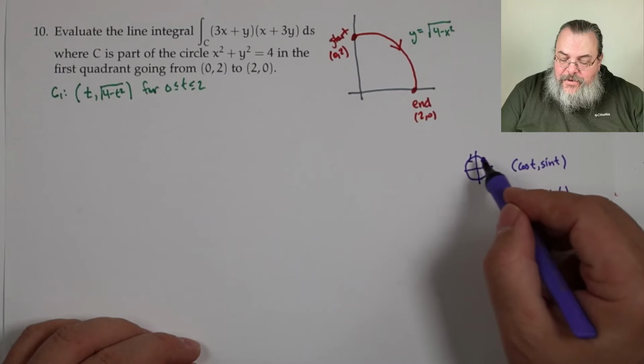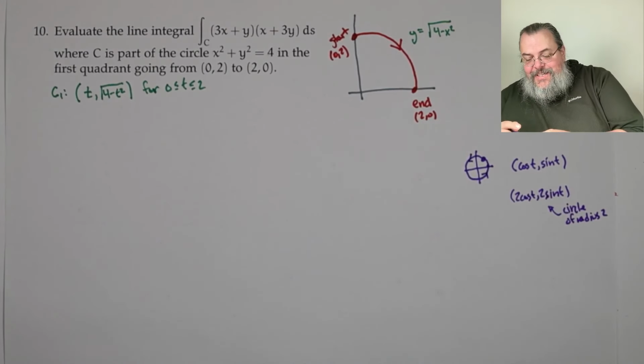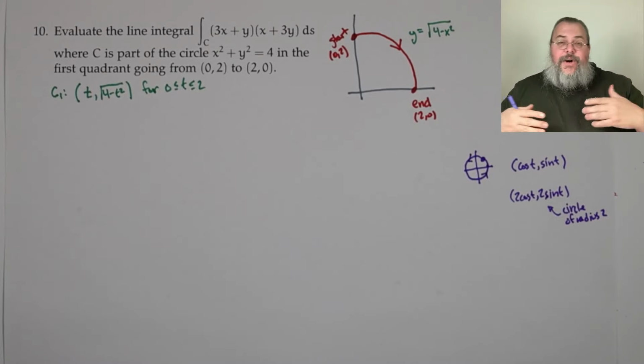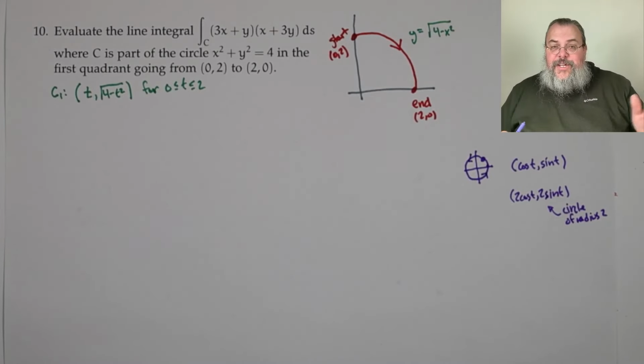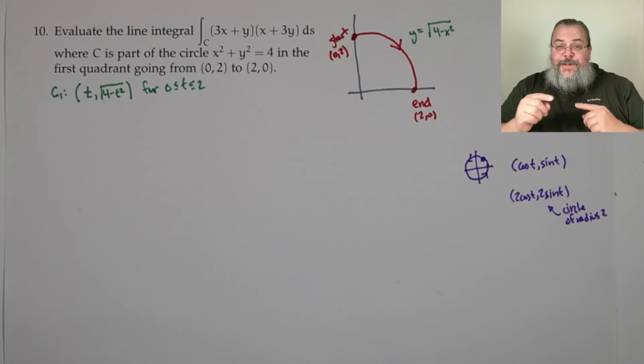The other issue is orientation. Direction matters. Change the orientation, you change the sign. Now, you could just say, I'll go with the current orientation and throw a minus sign in. But we're going to be a little bit sneaky, and just have it go the other way.